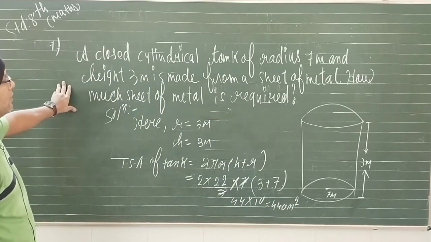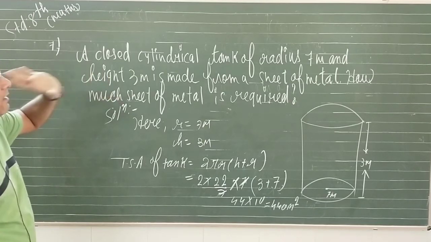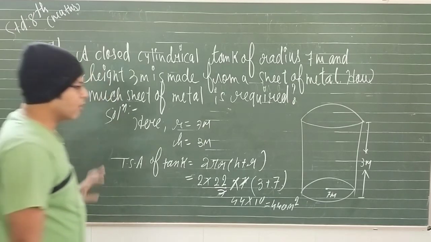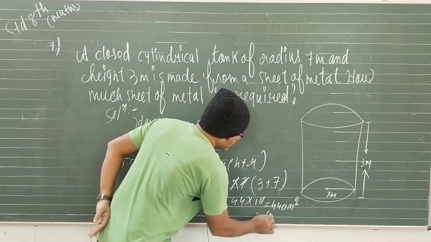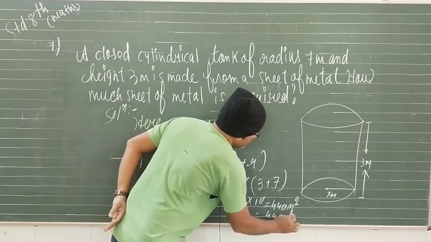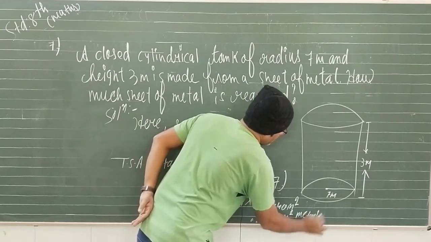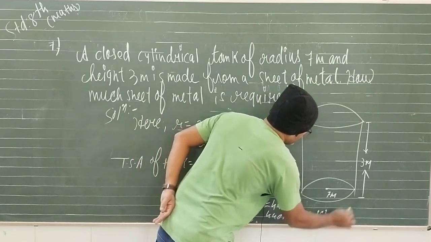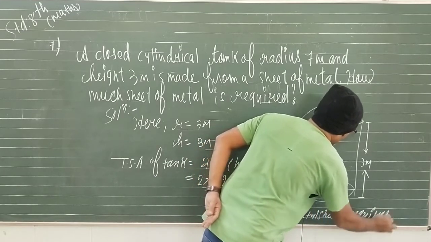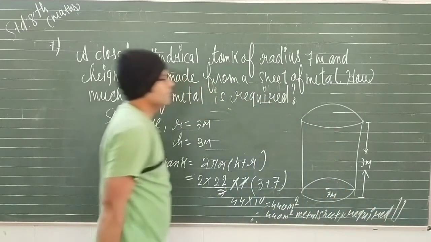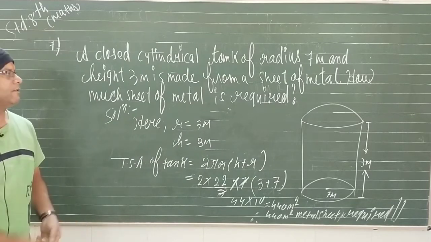So the metal sheet required is 440 meter square. That's it. Just take a look.